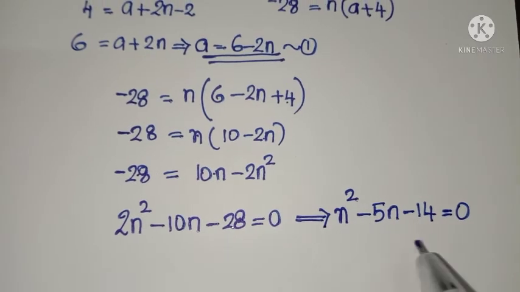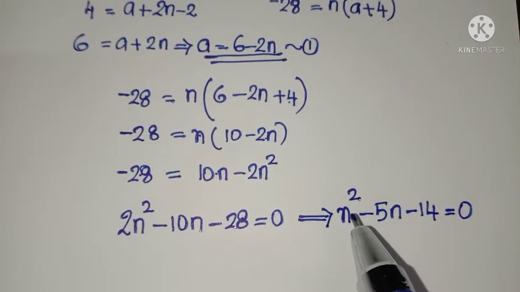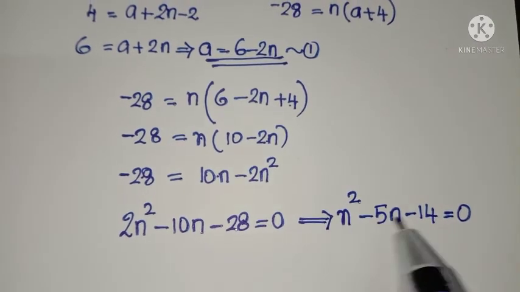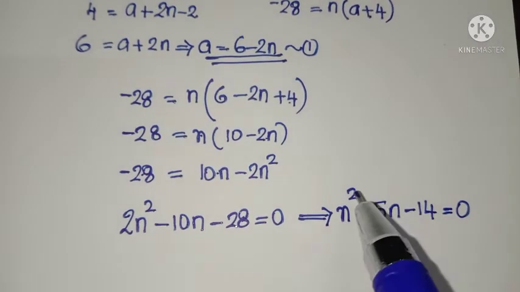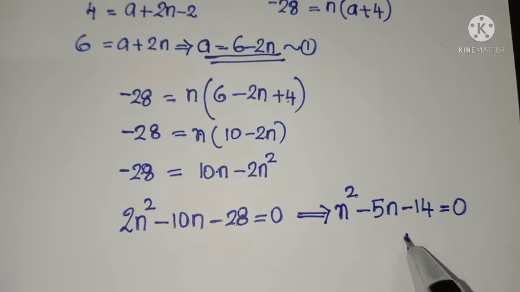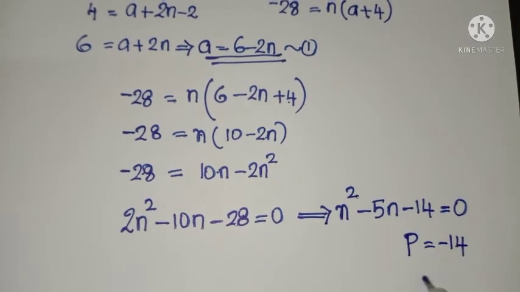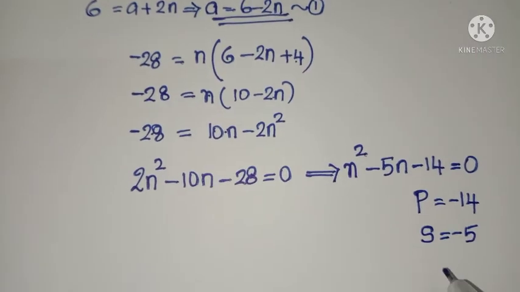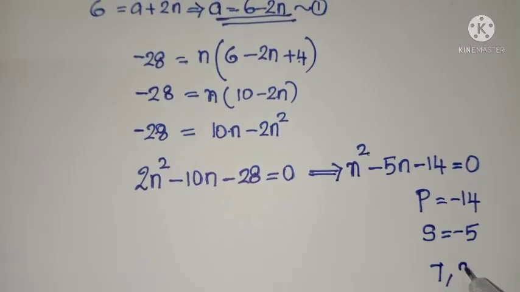Now this is a quadratic equation in n. Here the coefficient of n square is 1, so we can use the factorization method. Select any two numbers whose product is minus 14 and sum is minus 5. Here the numbers are 7 and 2.